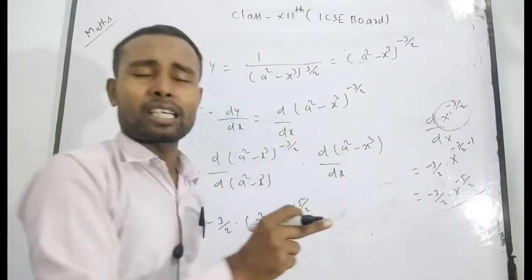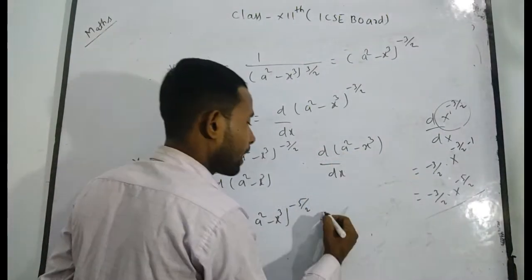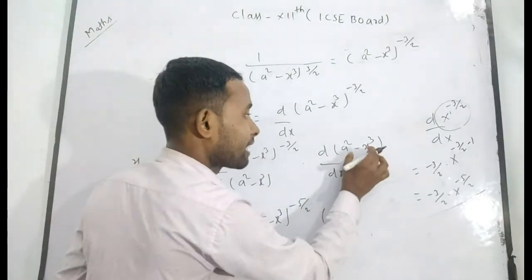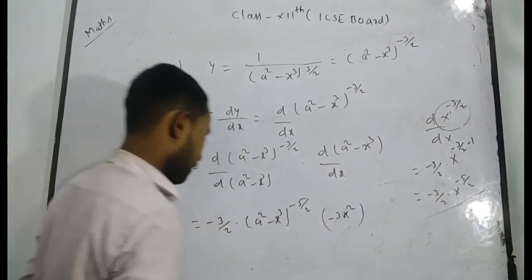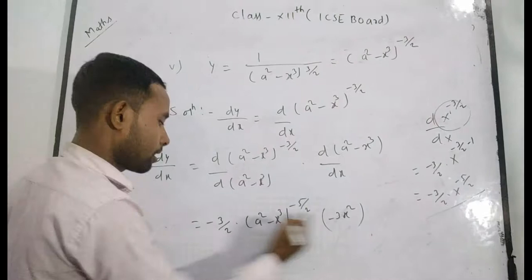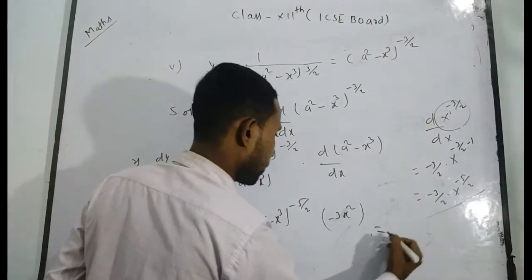So a square is constant, and if a square is constant, then its derivative will be 0. So I do not write it here, and the derivative of minus x cube will be minus 3x square, and minus minus plus, 3 by 2 times 3 is 9 by 2 x square into a square minus x to the power 3 whole to the power minus 5 by 2.